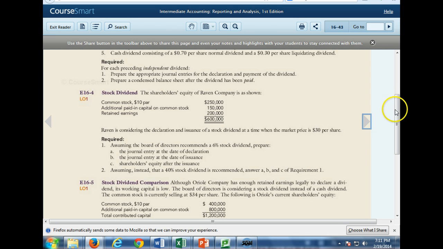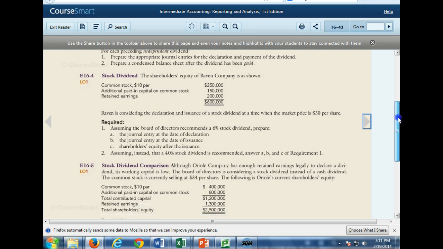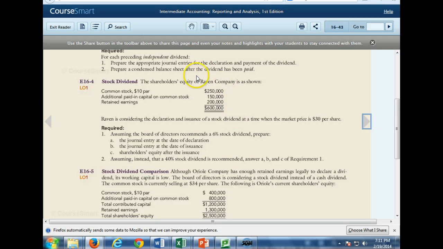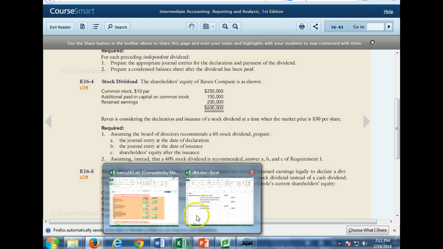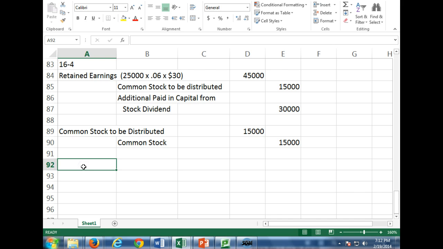Doesn't bug me. Next, what is the shareholders' equity after the issuance? We know what it is before the issuance. You see all our shareholders' equity here? The common stock of 250,000, additional paid-in capital 150, retained earnings 200. What's it going to be afterwards? How are we going to figure this out?